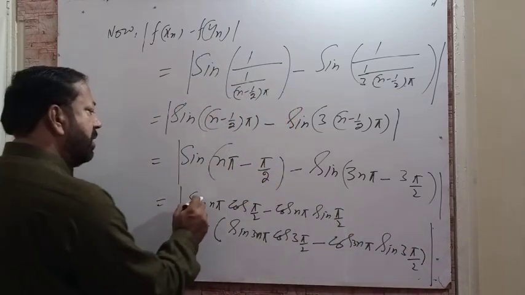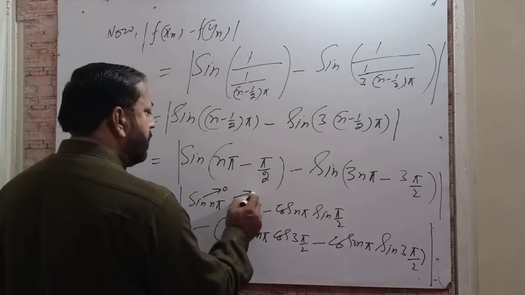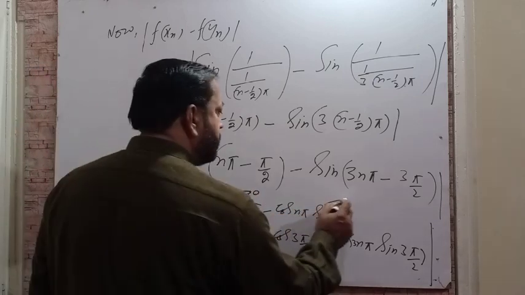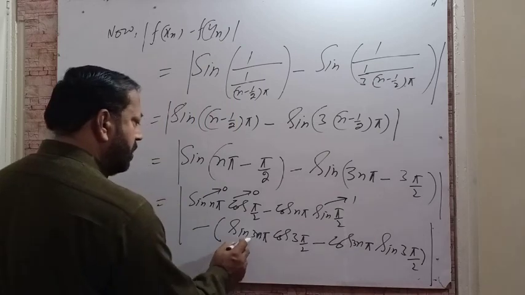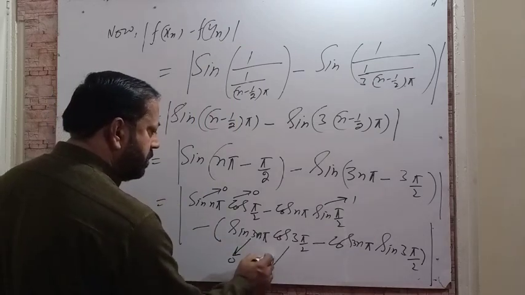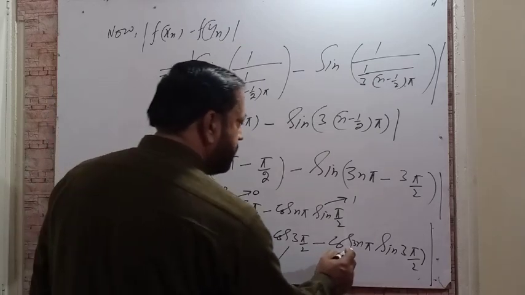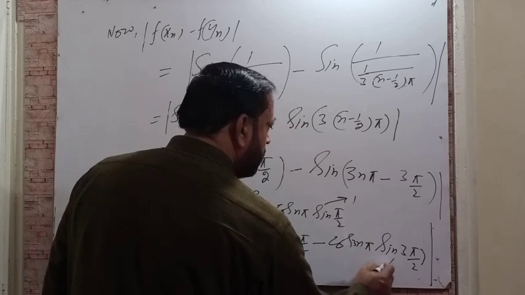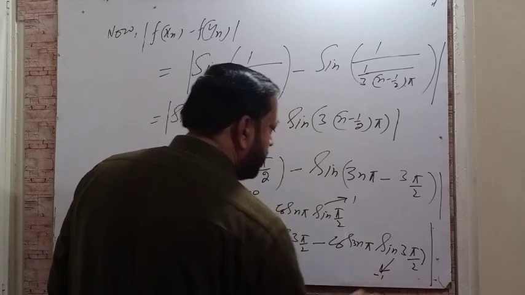If you see, sin nπ is 0, cos π/2 is 0, sin π/2 is 1, cos 3π/2 is 0, and sin 3π/2 is minus 1.